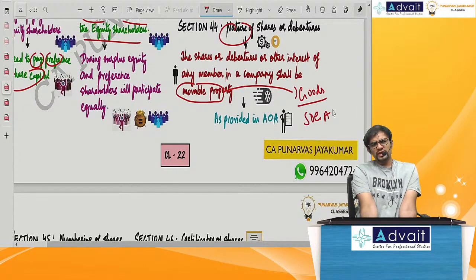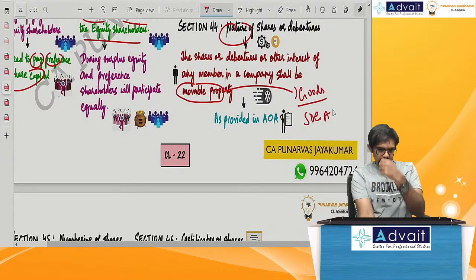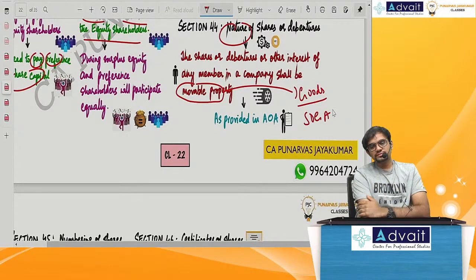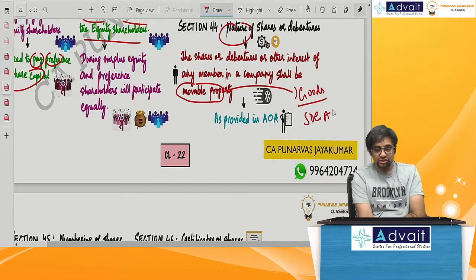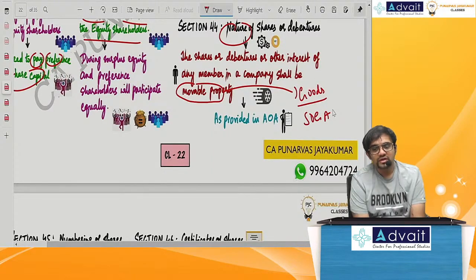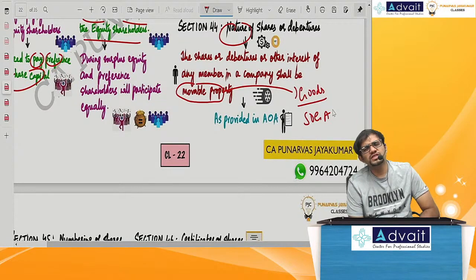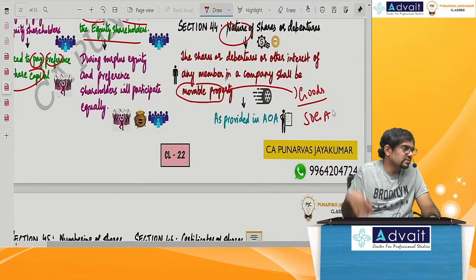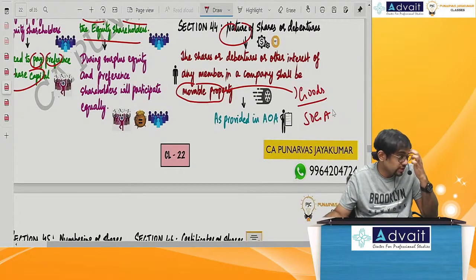Goods are every kind of movable property, but do not include immovable property, and it also includes stock, shares, etc. So shares, stock, that is also a kind of shares, and a group of shares is called a stock. That is very much a kind of movable property. That is what you need to understand, right?